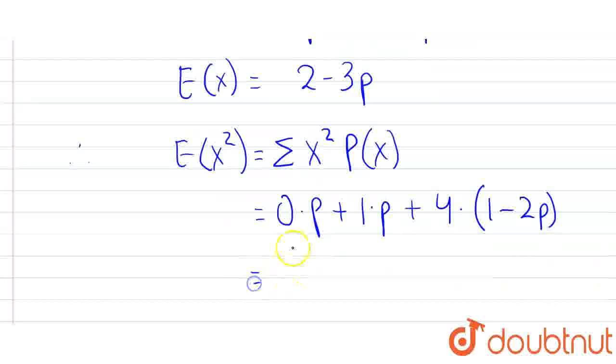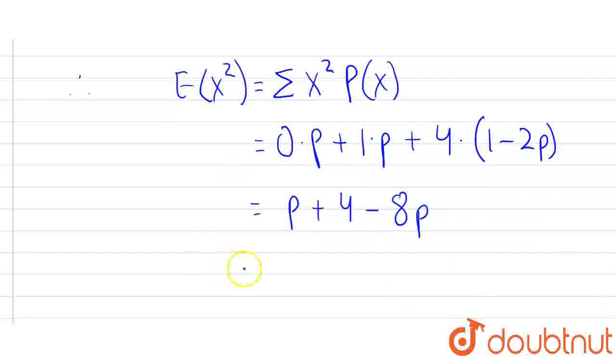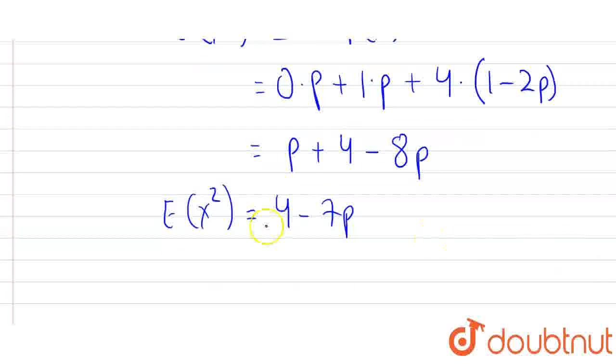So 0 into p becomes 0, because anything multiplied with 0 is 0, so we can neglect this. 1 into p is p, plus 4 into 1 is 4, minus 4 into 2p is minus 8p, and minus 8p plus p is minus 7p, so we can say 4 minus 7p. Therefore our E of x square is equal to 4 minus 7p.